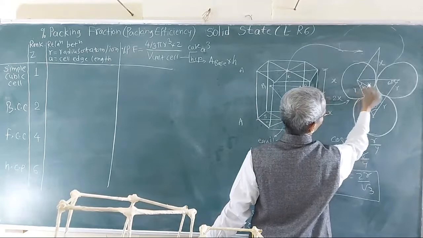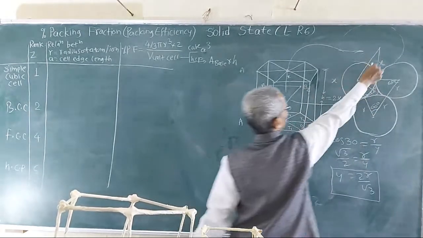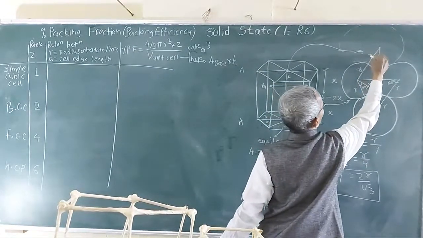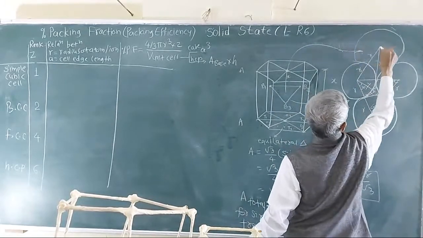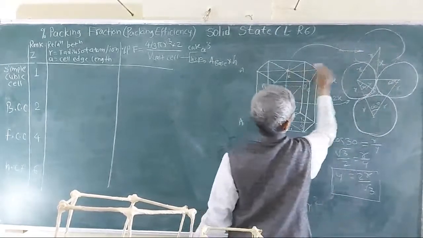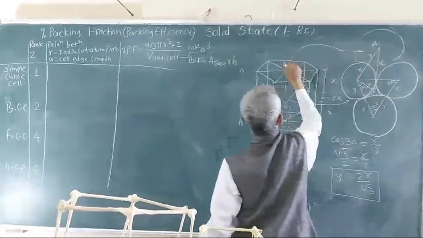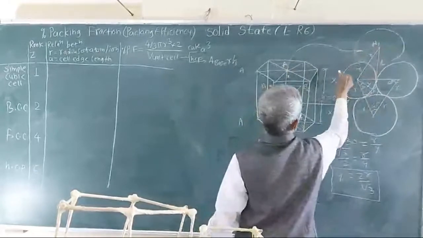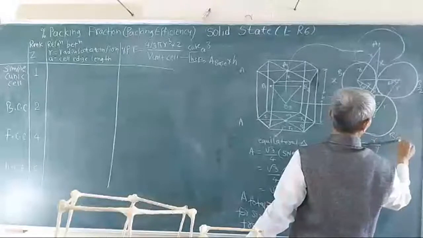This is cos 30, this is also 30, this is y. Now consider this x and this r, and the other square here, a1, b1, b2, b.